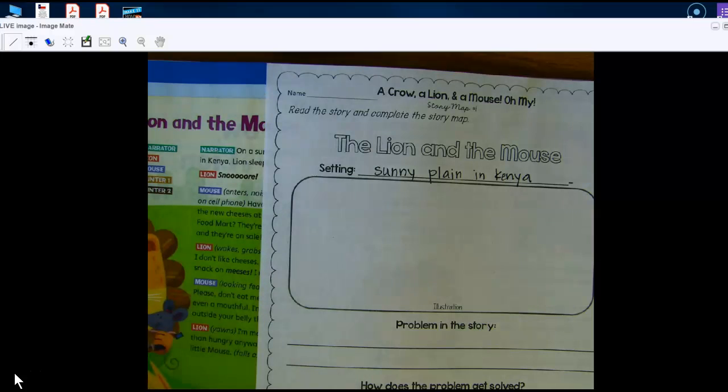Okay, what was the main problem in the story that the characters have to fix? What's the main problem that they fix at the end? You've already started and you haven't written anything. What's the main problem in this story? Wyatt, what's the main problem?